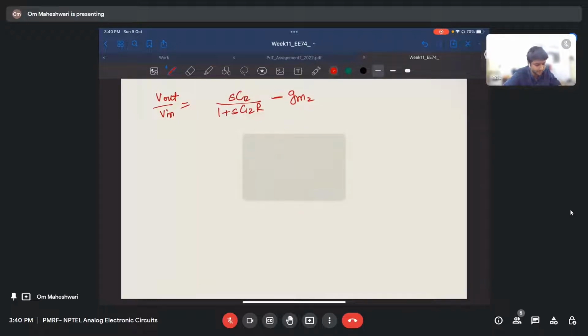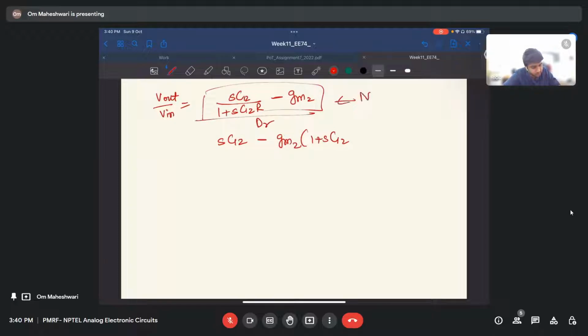So if I take LCM, SC12 minus GM2 times (1 plus SC12R). We have something in the denominator also, I'm just ignoring it. This is numerator only. And the common factor from the LCM will also go into the denominator, so I'm ignoring that also. So the roots of this will give me zeros, right?